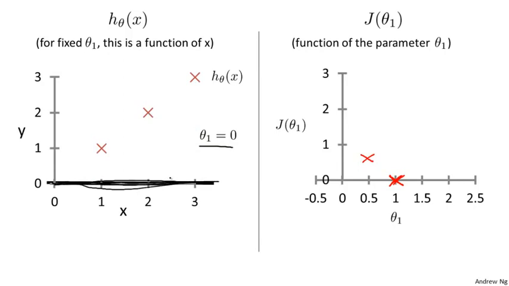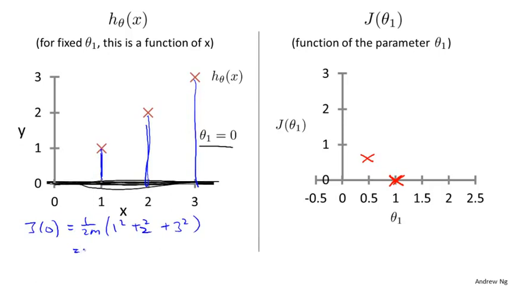And so measuring the errors, we have that J of 0 is equal to 1 over 2m times 1 squared plus 2 squared plus 3 squared, which is 1/6 times 14, which is about 2.3. So let's go ahead and plot that as well. We end up with a value around 2.3.